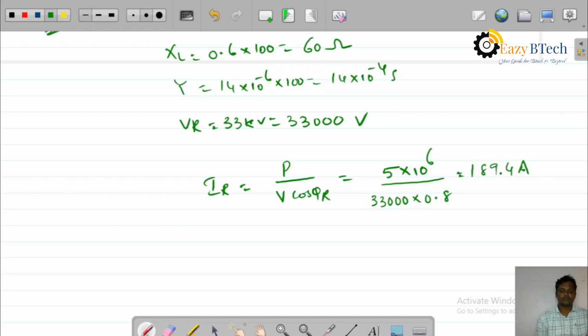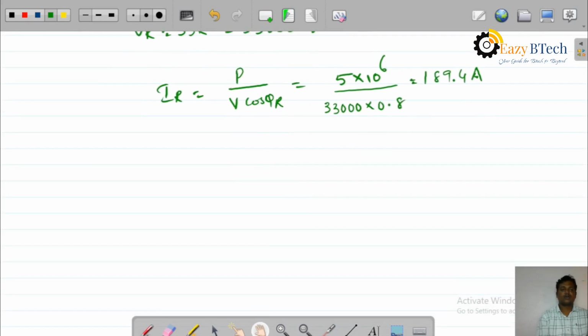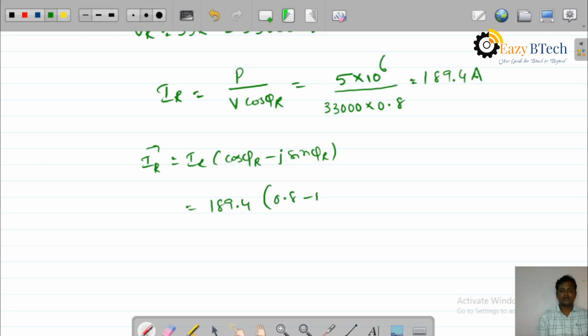Okay, now after calculating IR, I have to calculate the IR vector. IR vector equals IR into cos phi R minus J sin phi R. IR value is 189.4, into 0.8 minus J 0.6. Sin phi R is sin of cos inverse 0.8, which gives 0.6.